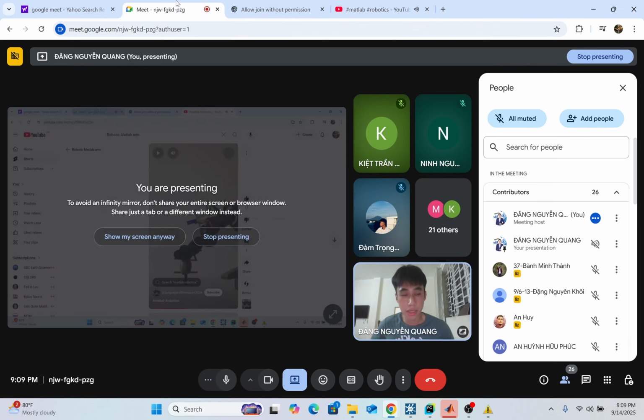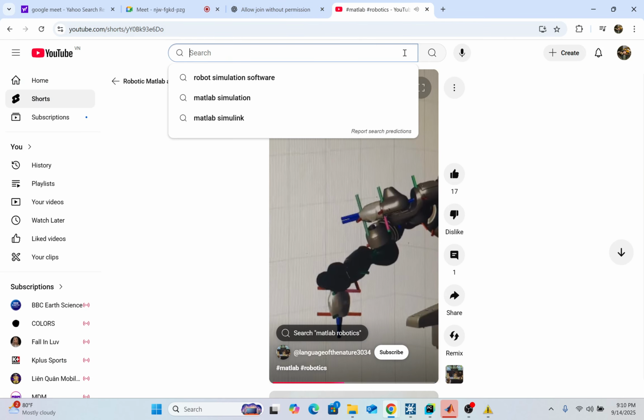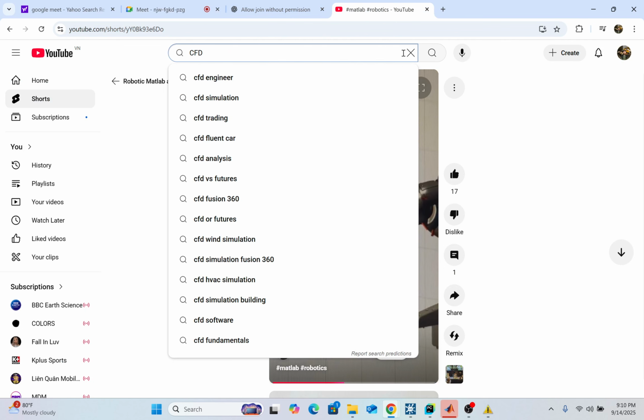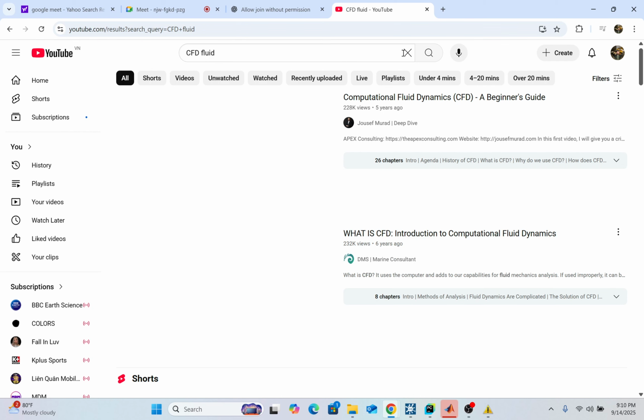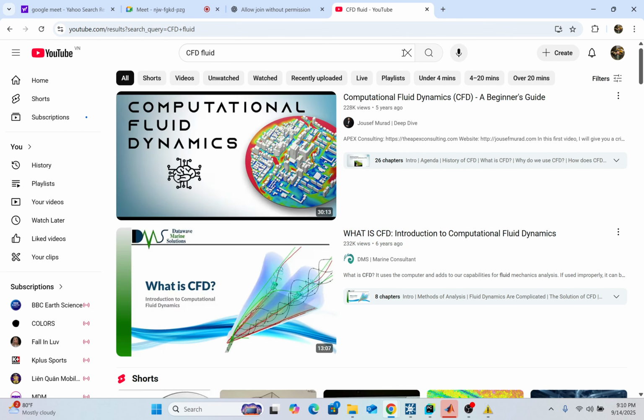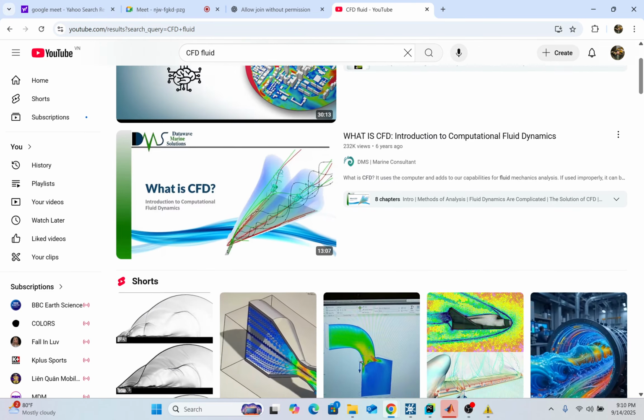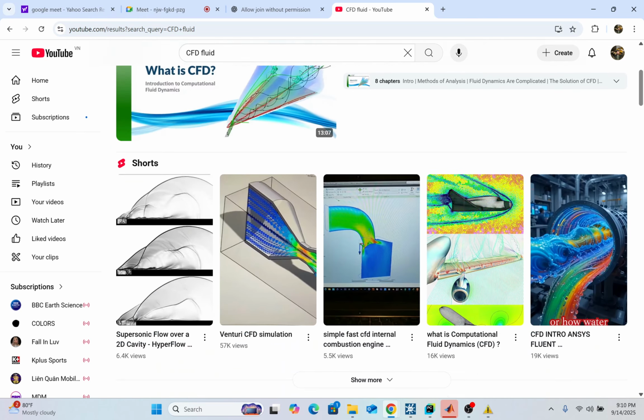Or you can use CFD. CFD is a fluid simulation, so that you can stress test, like when you're building a pipe or a dam. You would like to stress test the fluid, so you assure that the pipe won't break while you are building your house, like that. Here, you see.